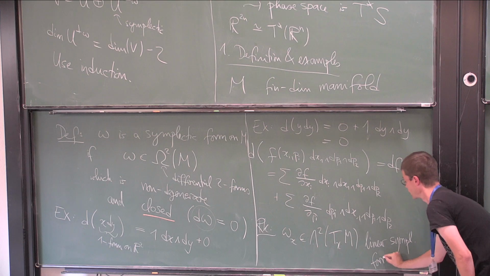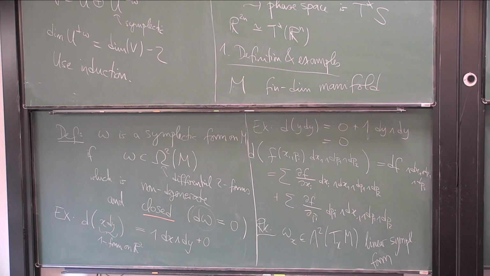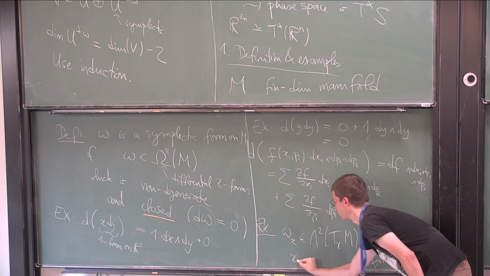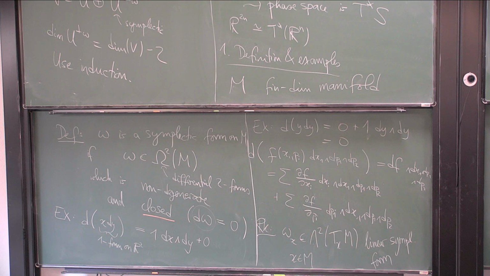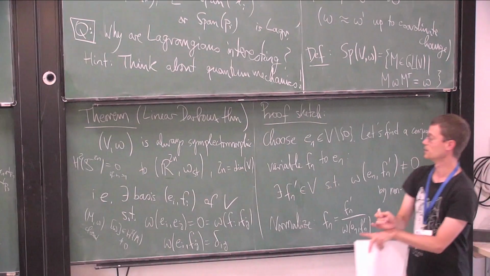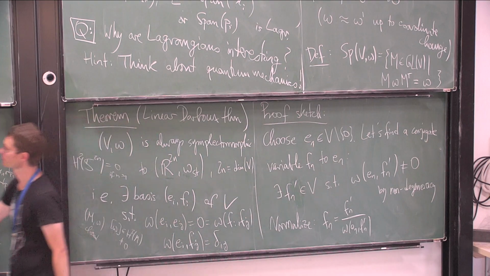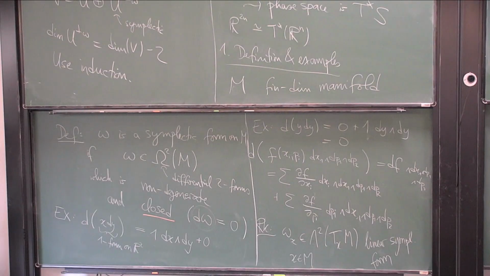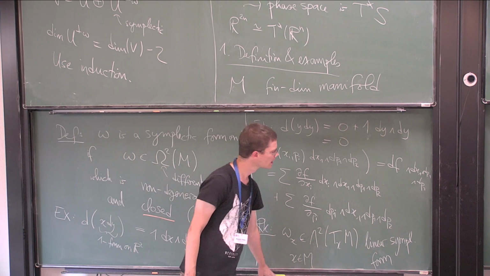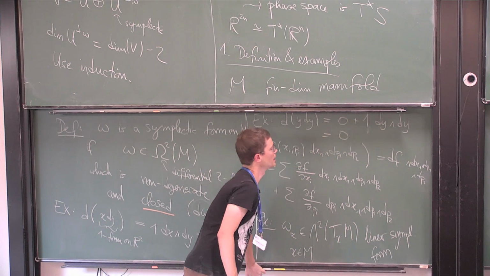So this makes the link between manifolds and what we've seen before: just look at the point. In particular, the dimension of the manifold is the dimension of a tangent or cotangent fiber. So we know that M is necessarily of even dimension, because if not, you would not get linear symplectic forms on these tangent spaces. Okay.